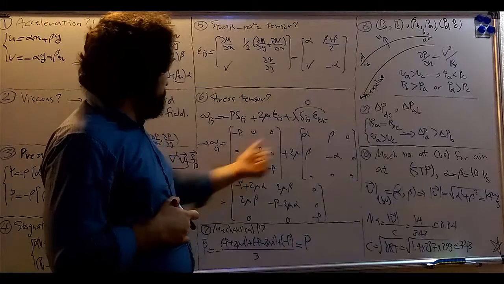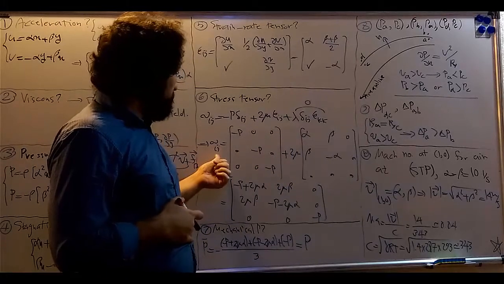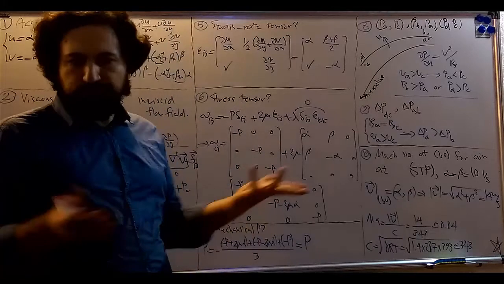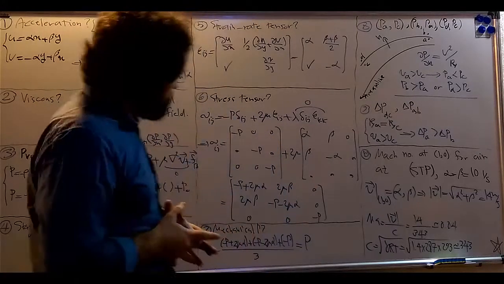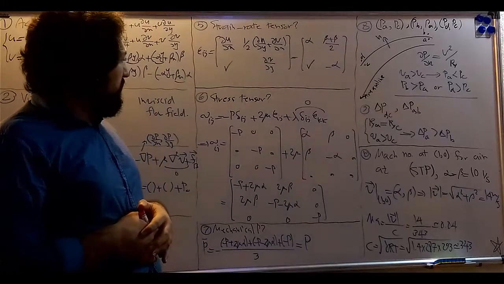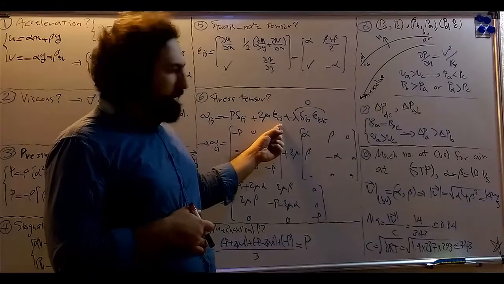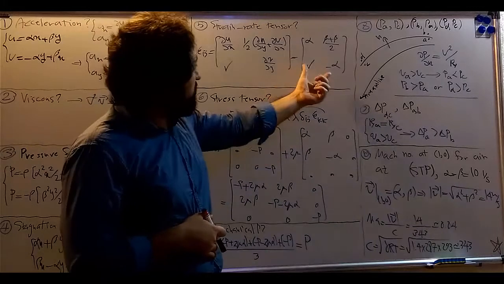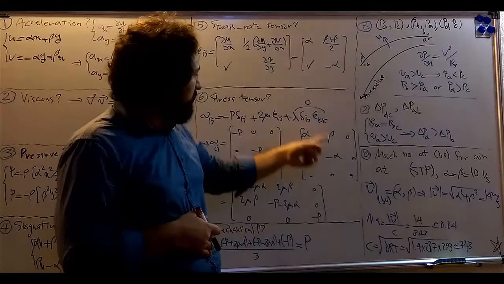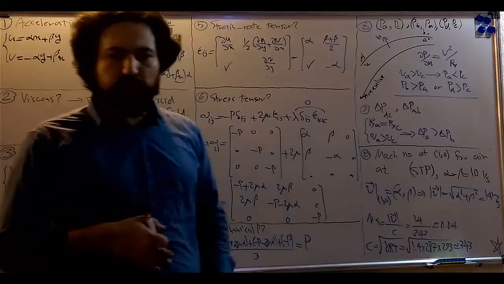And so in matrix form, the stress tensor equals a diagonal matrix of minus p, minus p, minus p, plus twice the viscosity times the strain rate tensor, similar to alpha, minus alpha, alpha, minus alpha, beta, beta. The other components of the matrix are all 0.